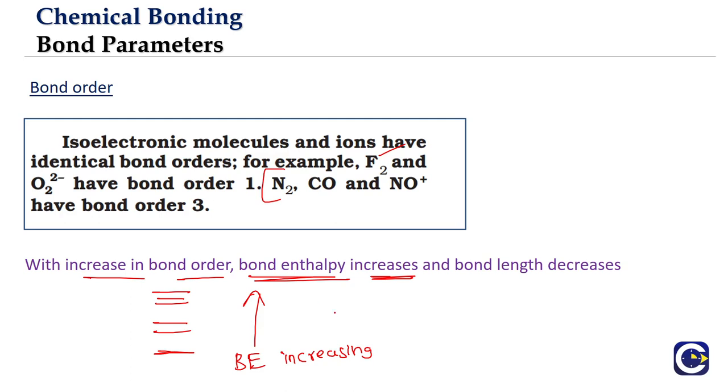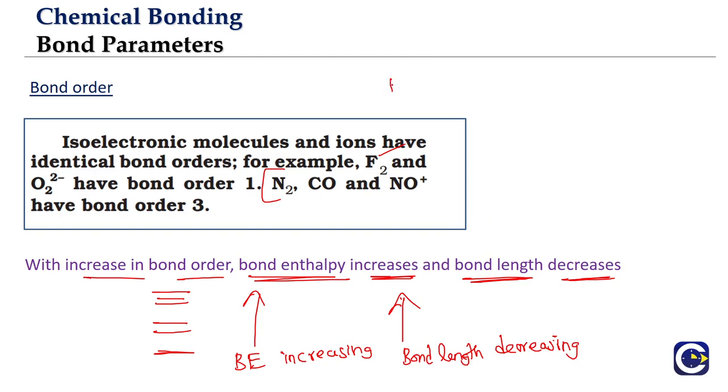And when the bond order is increasing, what happens to the bond length? The bond length is going to be decreasing. So this is also something that we have seen. So triple bond will be the shortest. In case of carbon we did this comparison: single bond, what is the length? Double bond, what is the length? Triple bond will be the shortest. Okay, so as bond order increases, this is something that we can remember in terms of the correlation.